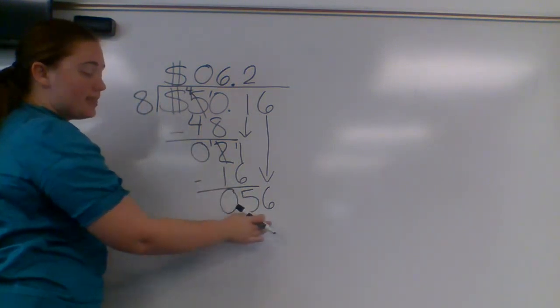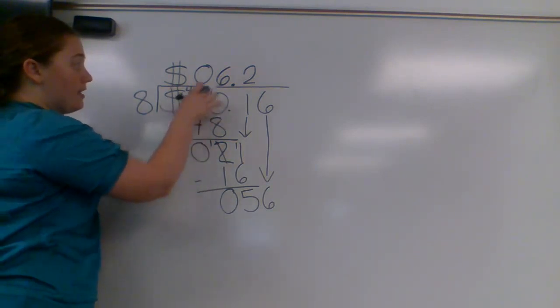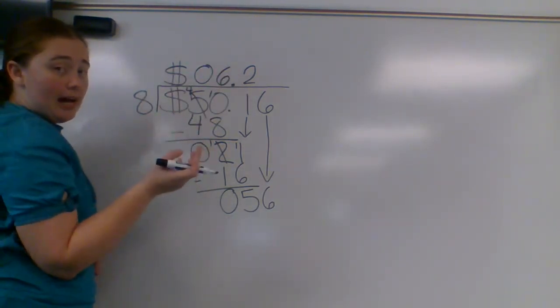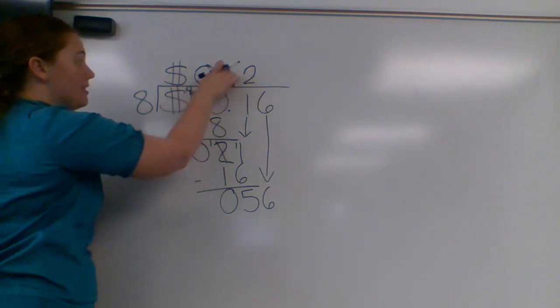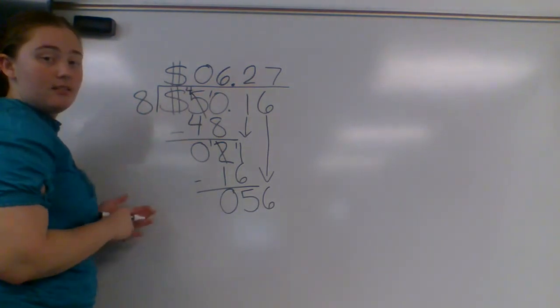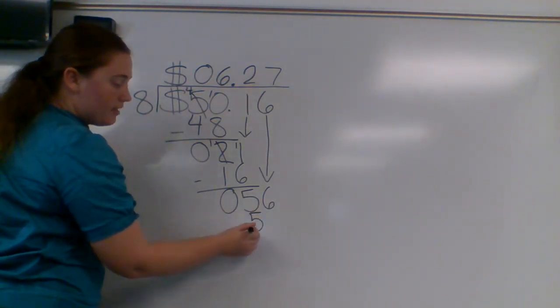8 will go into 56 how many times? Well, we know 8 times 6 is 48. I think we can go 1 higher than that. Let's try 1 more than 6, 7. 7 times 8 is, good, 7 times 8 is 56.